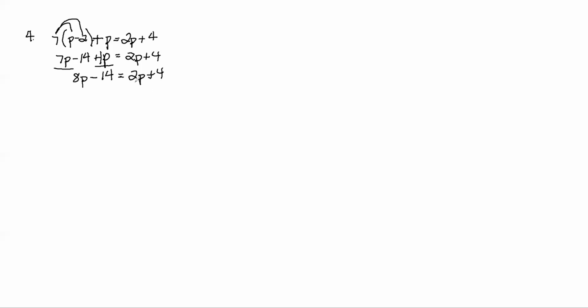So +2p, so we have to subtract 2p. And so 8p minus 2p is 6p minus 14 equals +4. Move the constants to the right, so we'll add 14.